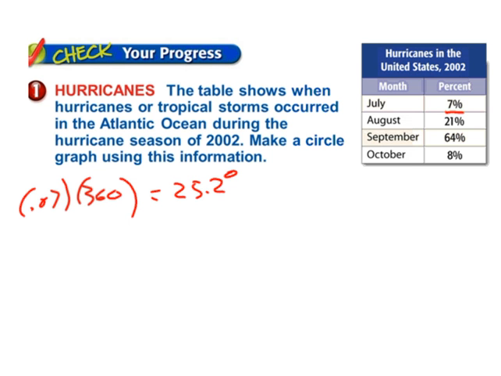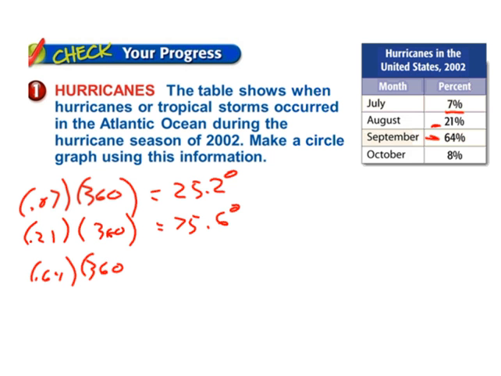The next area, 21%. So 0.21 times 360 is going to be 75.6 degrees. The next area, which is 64% of the circle, so 0.64 times 360 is going to be 230.4 degrees.